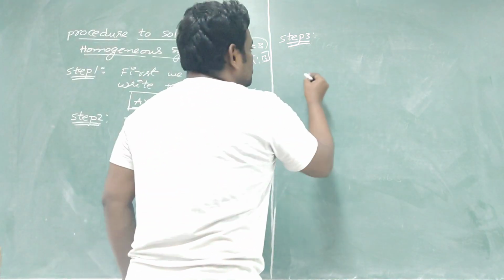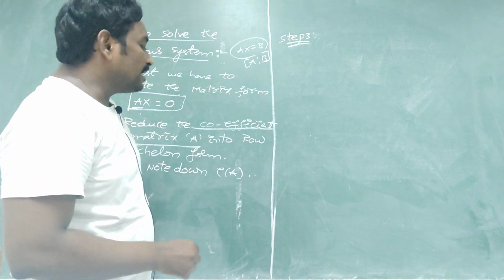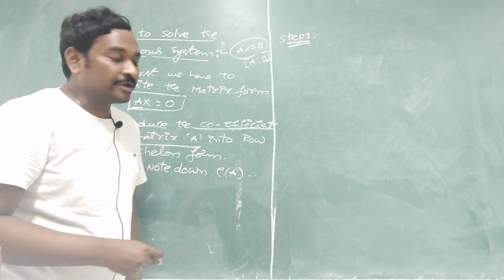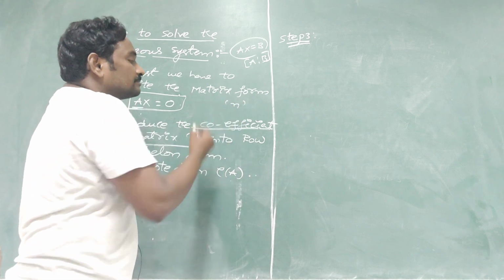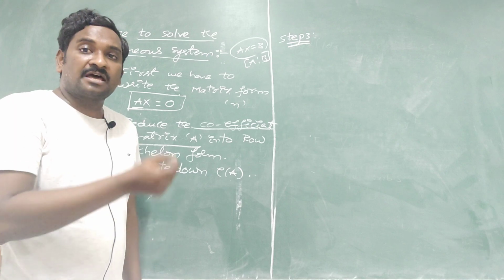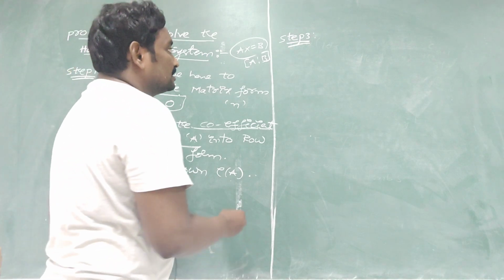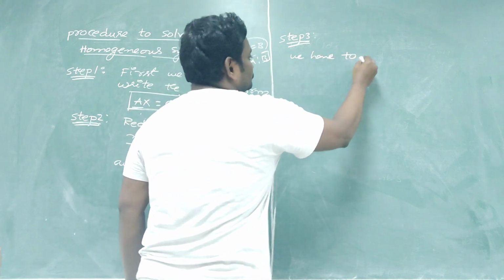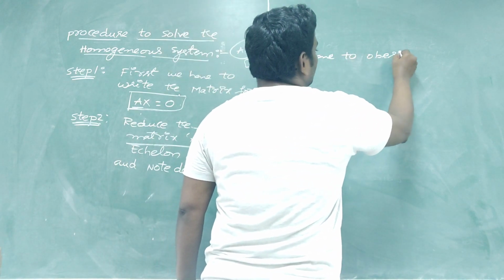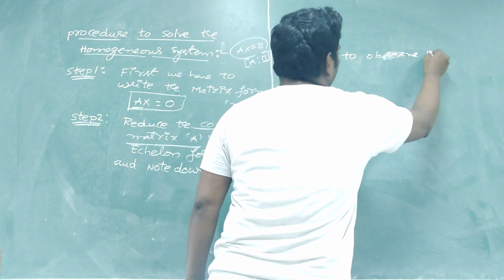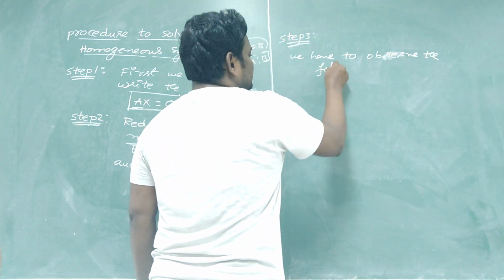So after getting the rank of A, we have to compare the rank of A with the number of unknowns n. Already you know it. What is n? n is nothing but the number of variables, otherwise the number of unknowns involved in the given system of equations. We have to observe the following cases.